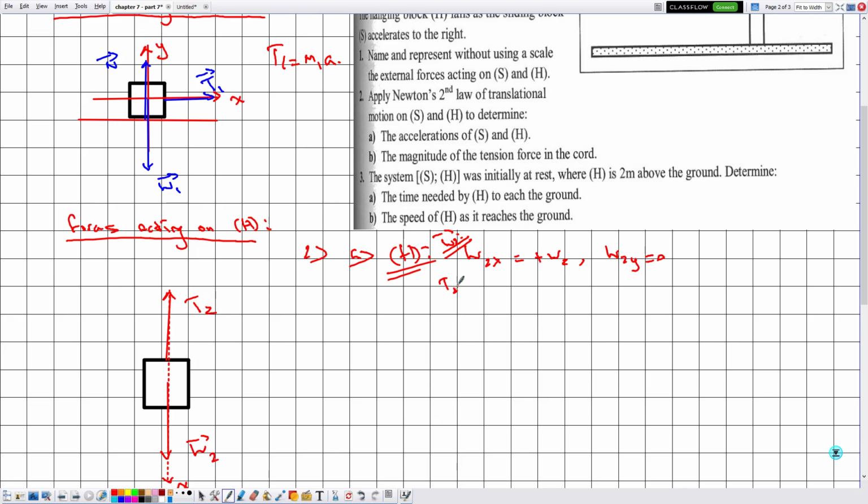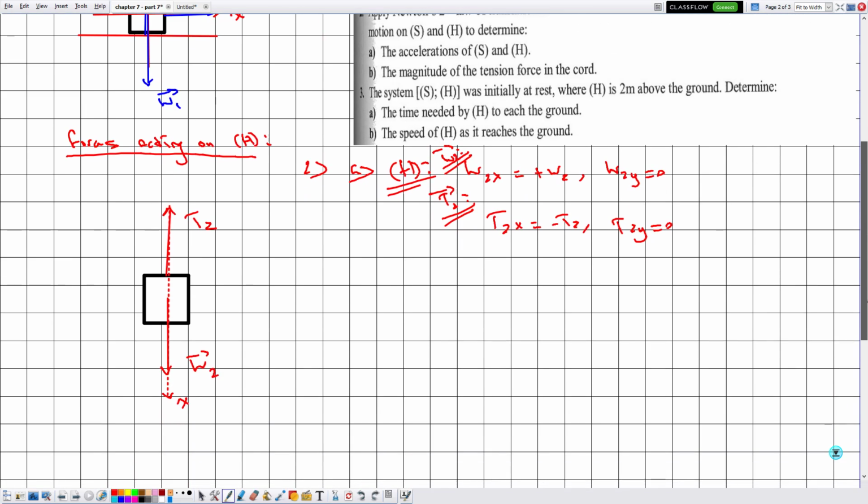As for T2, we have that T2x is given by minus T2 and T2y is 0, because this is the positive direction of the x-axis.